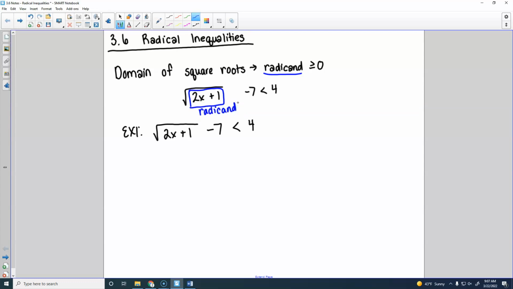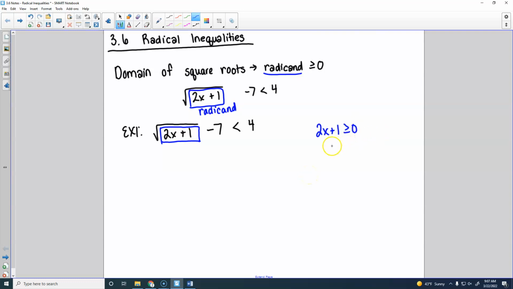So before we start any inequality problem with the square root, we want to think about that domain. We are going to say that 2x plus 1 has to be greater than or equal to 0.